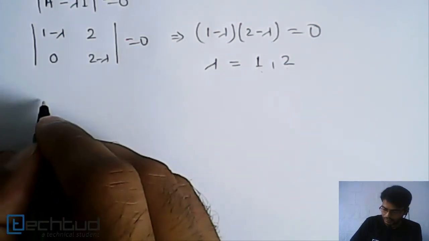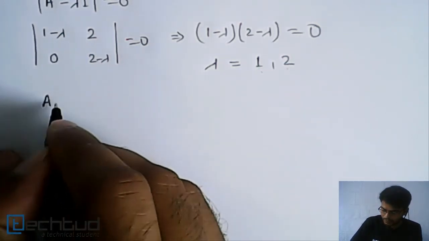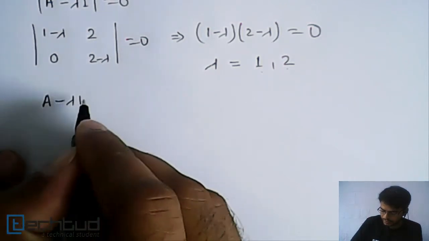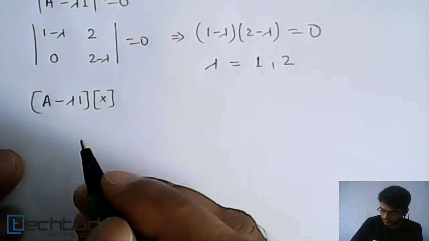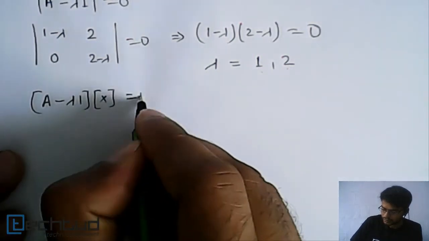We will take A minus lambda I, take this matrix and multiply it with x, which should be equal to 0.